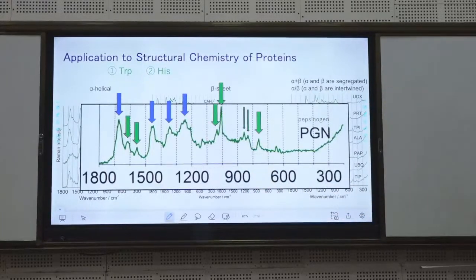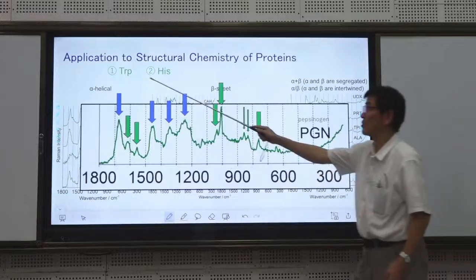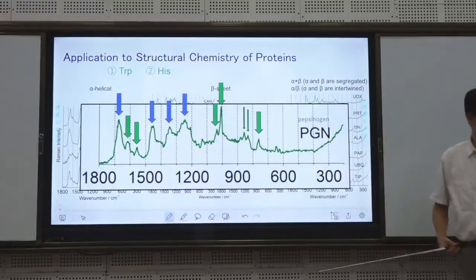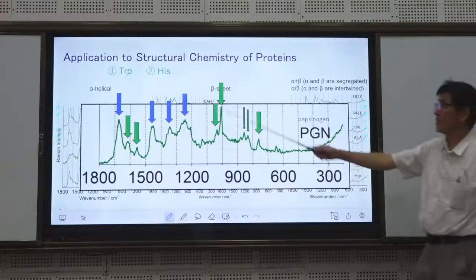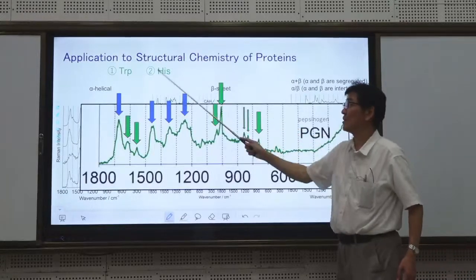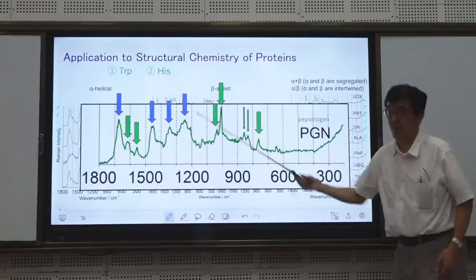They are aromatic side chains, and an aromatic side chain has absorption. So it's possible to choose the excitation wavelength to resonate with the absorption of these bands. Tryptophan and histidine can be selectively detected by resonance Raman.